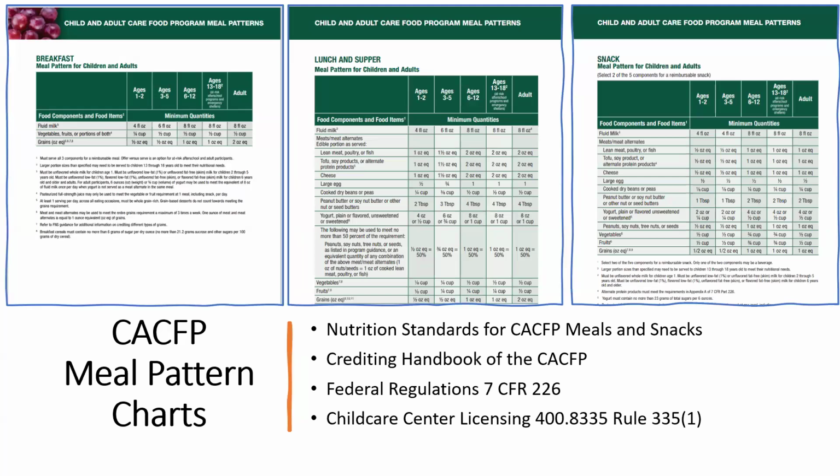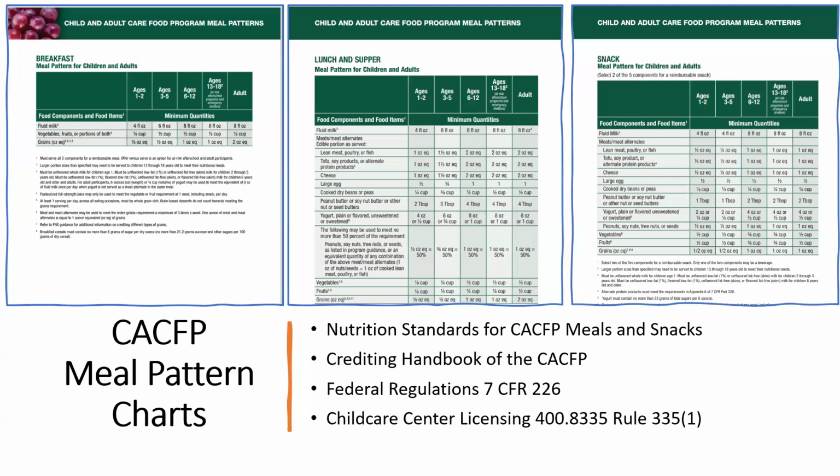Here are three different charts for meal patterns. These are USDA's. You can find all the portion sizes, the different food groups, food components, and food items on here. These are available on that website as well. Please review these if you are not familiar with them.